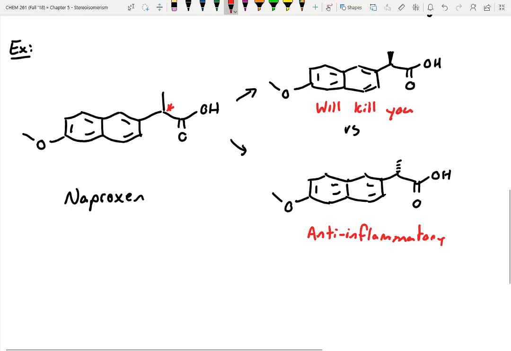And oftentimes you have multiple versions of anti-inflammatories in case you have somebody that maybe has a liver problem and can't take normal ibuprofen because you have to take it in a much higher dosage. So oftentimes there's different effective dosages of drugs too. Same thing with antibiotics too, right? So some antibiotics you might be allergic to, so you tell your doctor and they give you a different class of antibiotics.